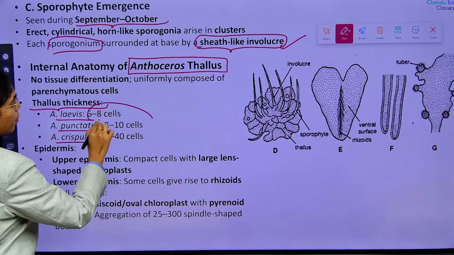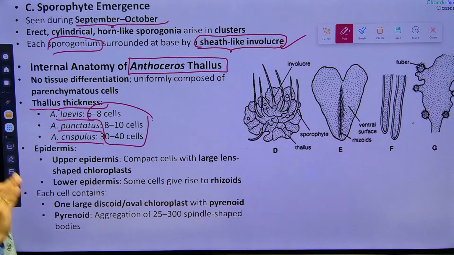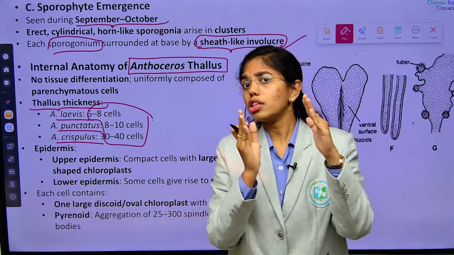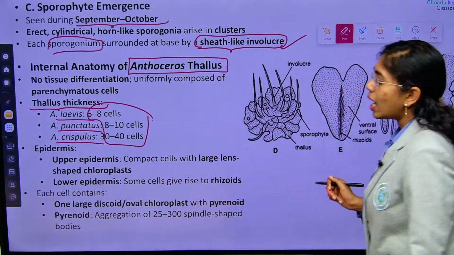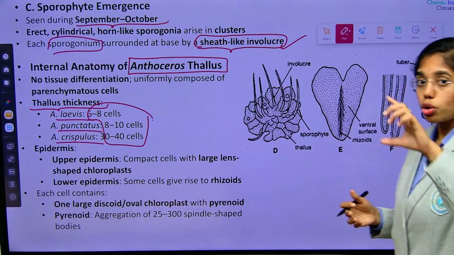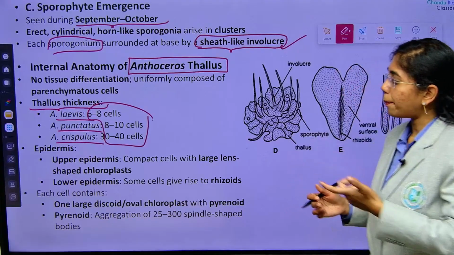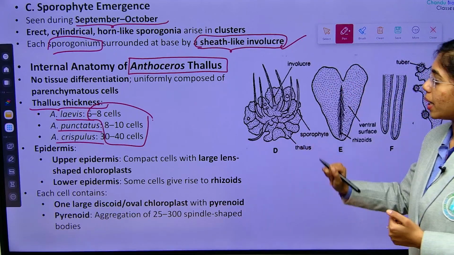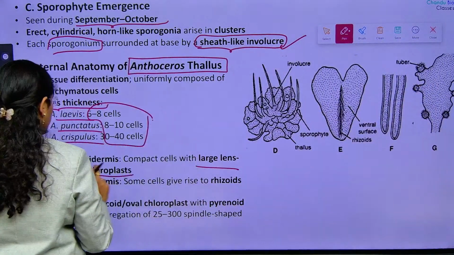No need to remember how many cells are present in each species. Just remember that the thallus is thick in the middle, which gives the overall range of thickness for the thallus in Anthoceros. If you observe the epidermis, two epidermal surfaces are present, the upper epidermal surface and the lower epidermal surface. If you observe the upper epidermis, it has a large lens-shaped chloroplast.